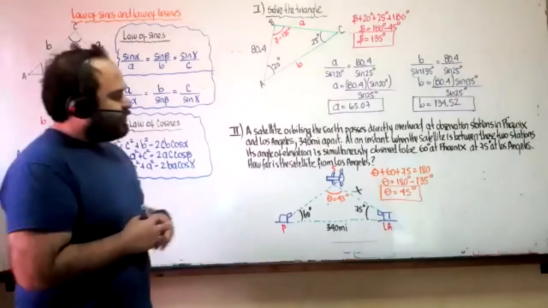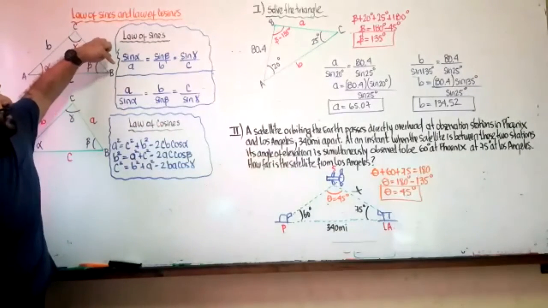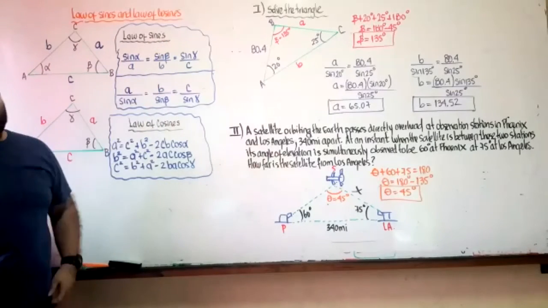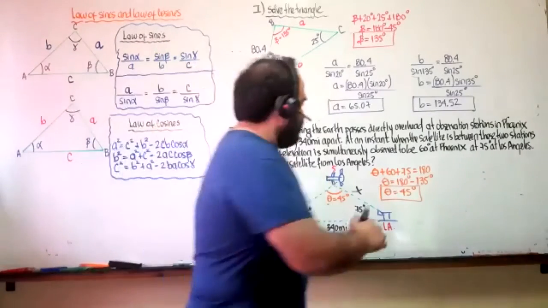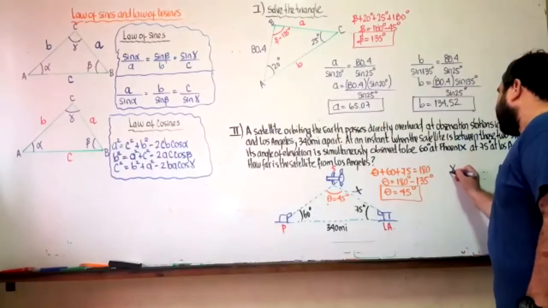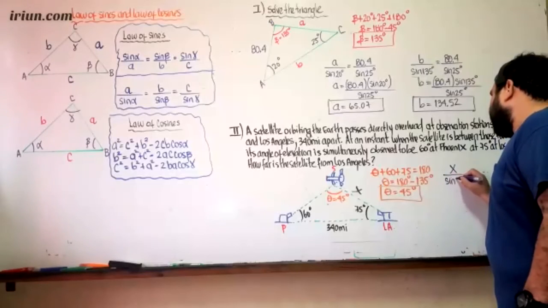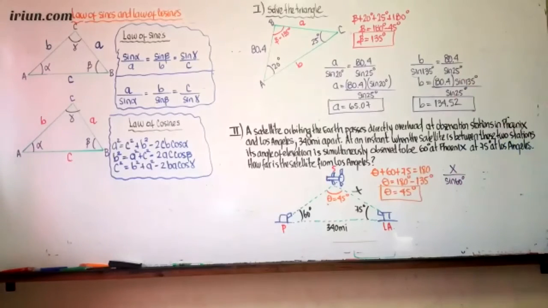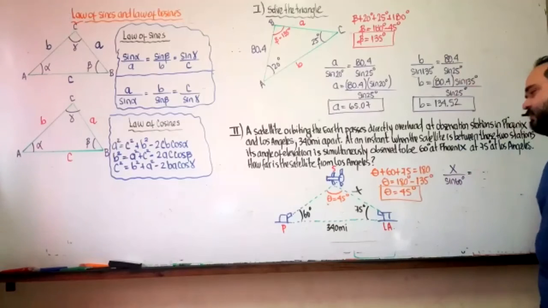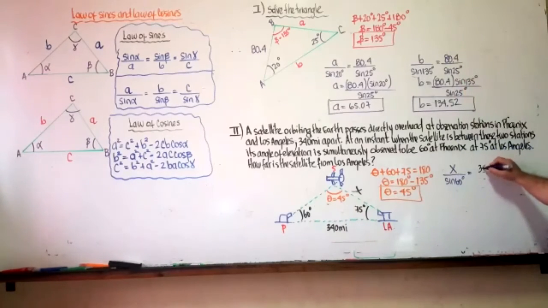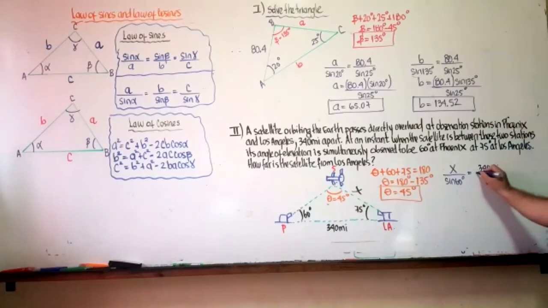Because we're looking for the side x, it's simple. We're going to create the proportion applying the law of sines, but instead of using the proportion from the angles, we use the proportion from the sides. So x will be divided by the sine of the angle just in front of the letter x. x over sine of 60 degrees equals the known length, 340 miles, divided by sine of 45 degrees.